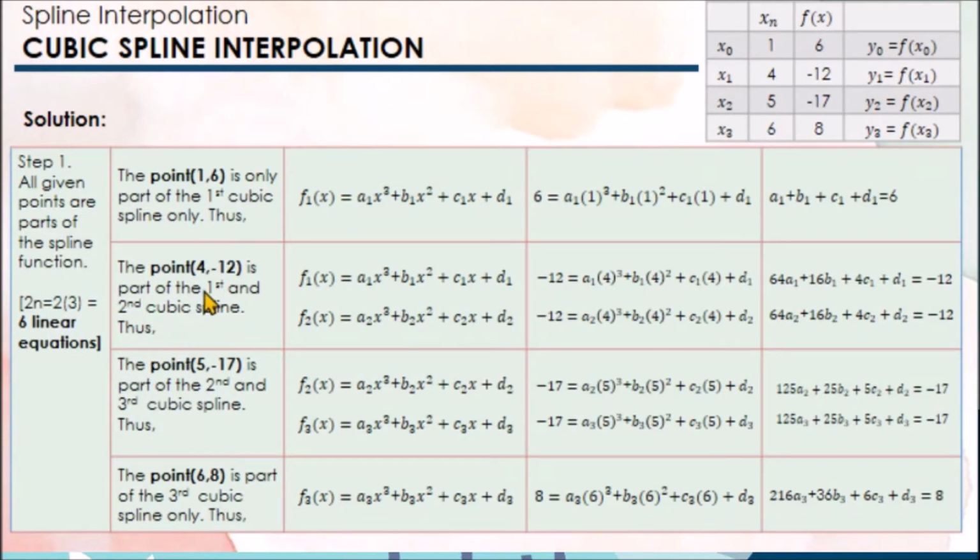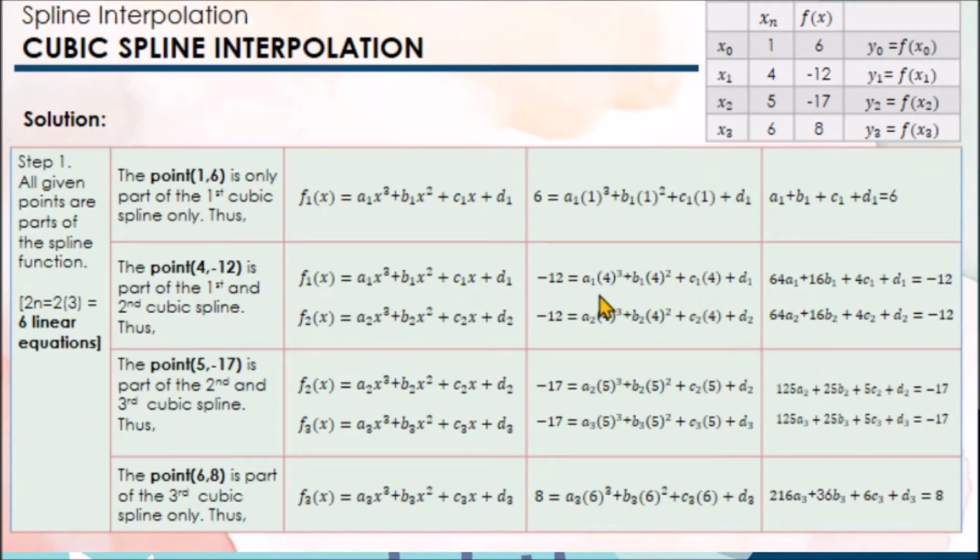The point (4, negative 12) is part of the first and second cubic spline. Thus, f sub 1 of x is equal to a sub 1 x cubed plus b sub 1 x squared plus c sub 1 x plus d sub 1. We just substitute our negative 12 as our f sub 1 of x, and then substitute our value of x in all the x's here.